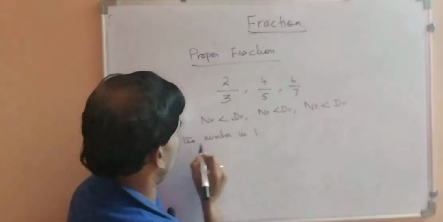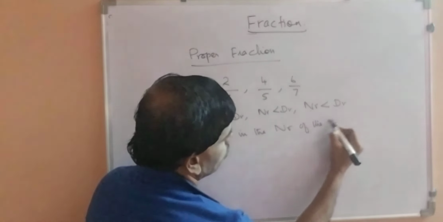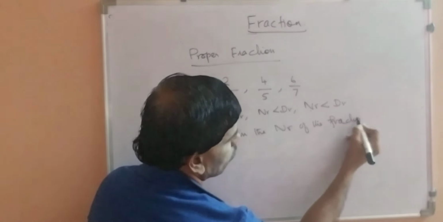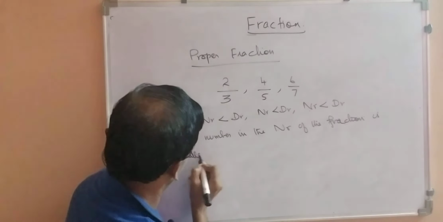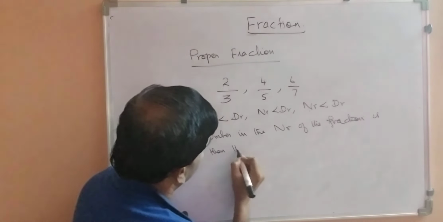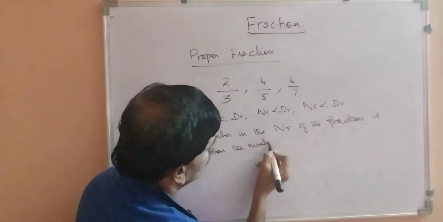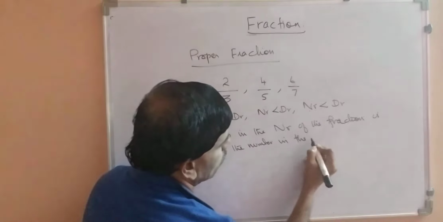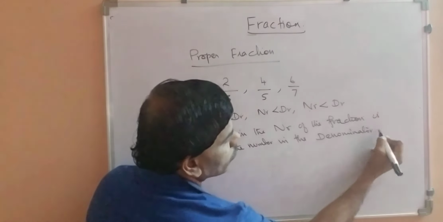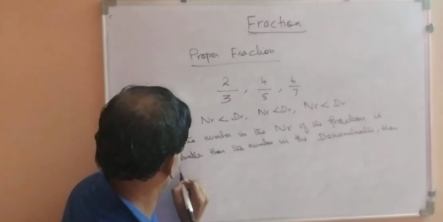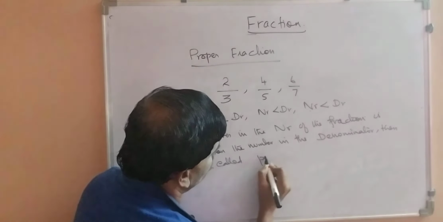If the number in the numerator of the fraction is smaller than the number in the denominator, then they are called proper fractions.